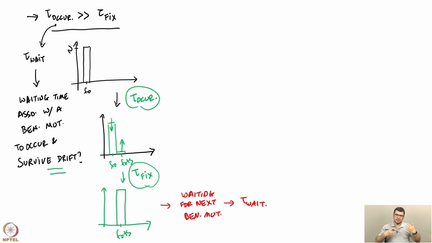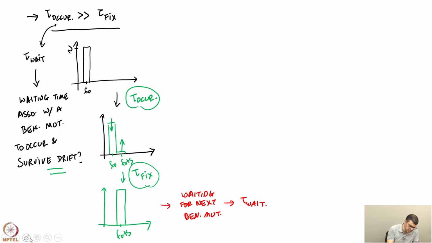So, there are these two processes playing side by side in this process of fixation of mutations. One is occurrence and the other is reaching fixation once occurrence has happened. In this particular regime, occurrence takes longer, and hence the picture that we are painting is like this.